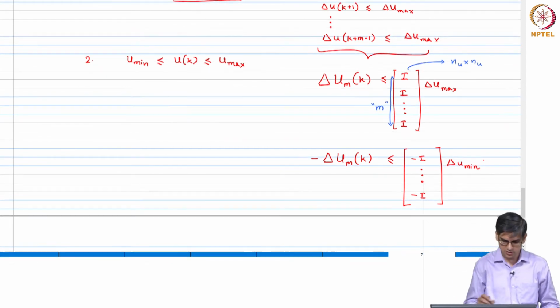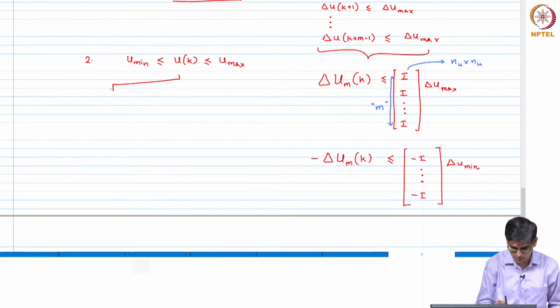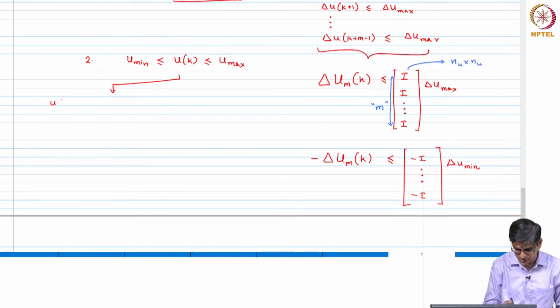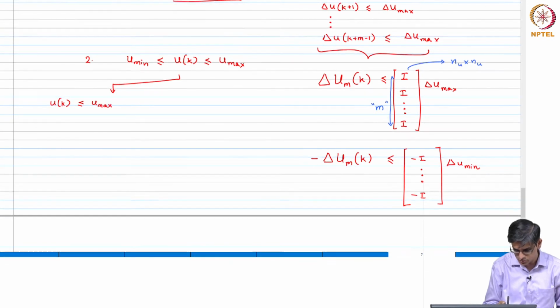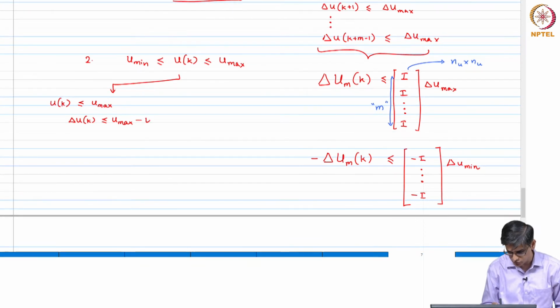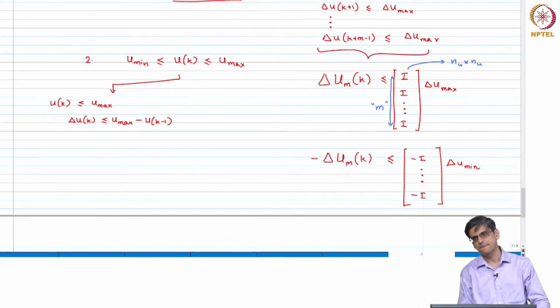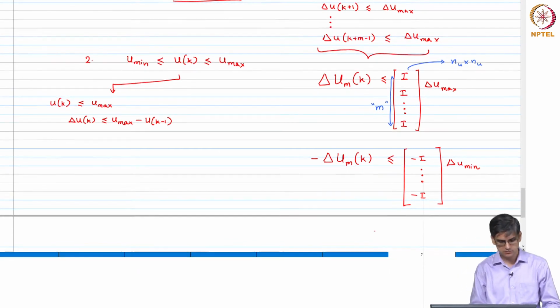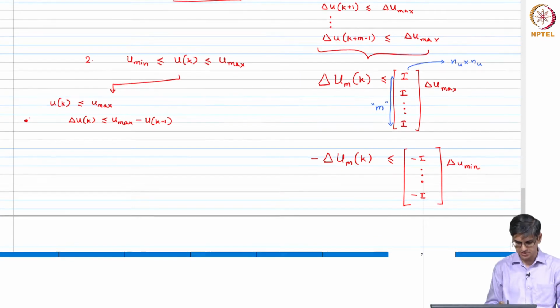What are your input constraints? Input constraints basically means uk less than or equal to u max, which is uk minus 1 plus delta uk less than or equal to u max, or delta uk is less than or equal to u max minus uk minus 1. That is the first constraint.